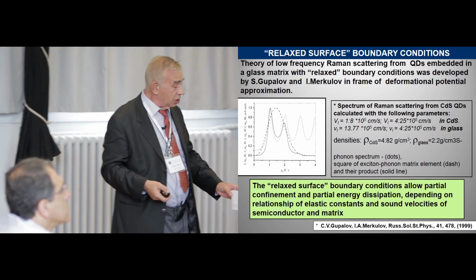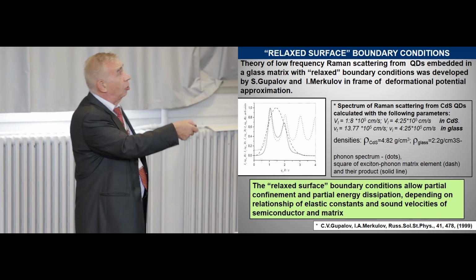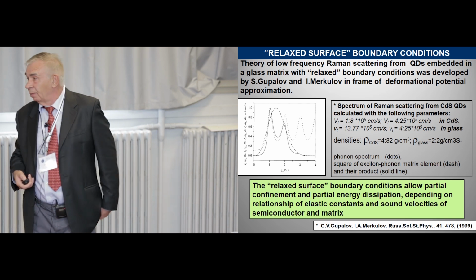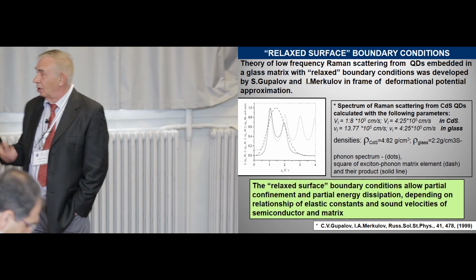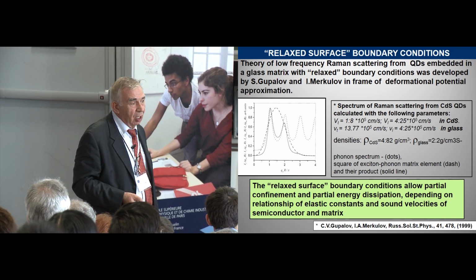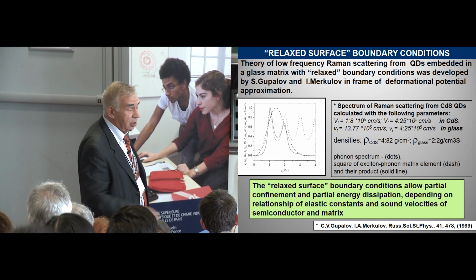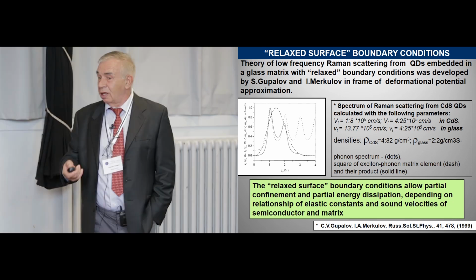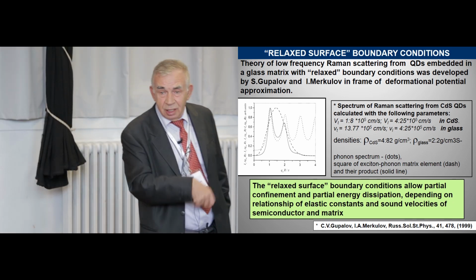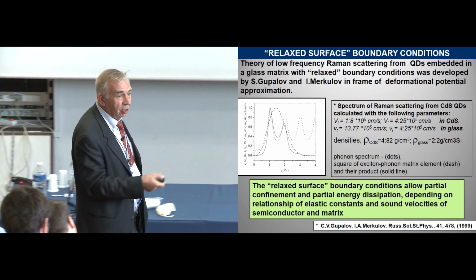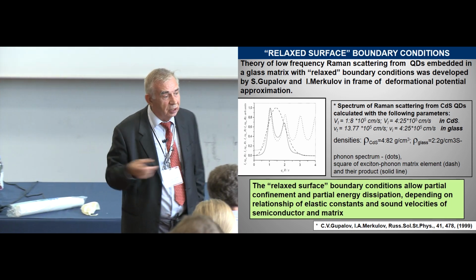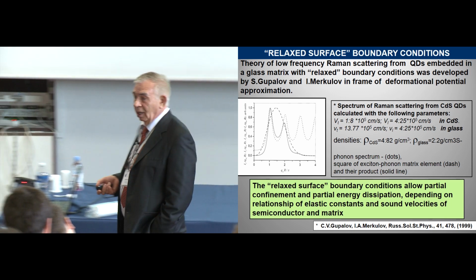You see that the structure is a little bit better resolved than the experimental one, but actually it fits, at least qualitatively, to what we observe. And the advantage of this approach is that this theory allows partial confinement and partial dissipation of the energy.